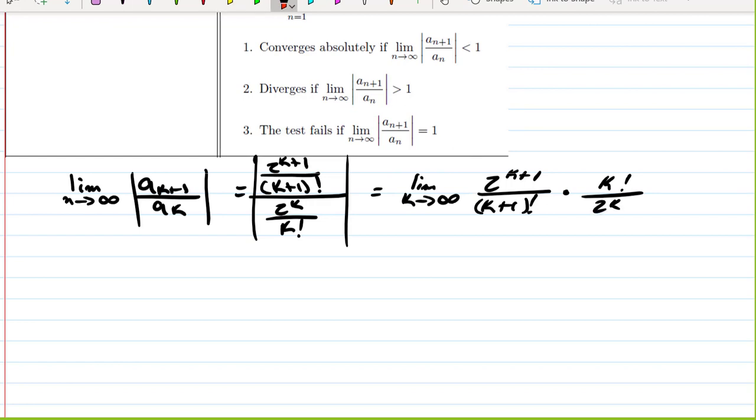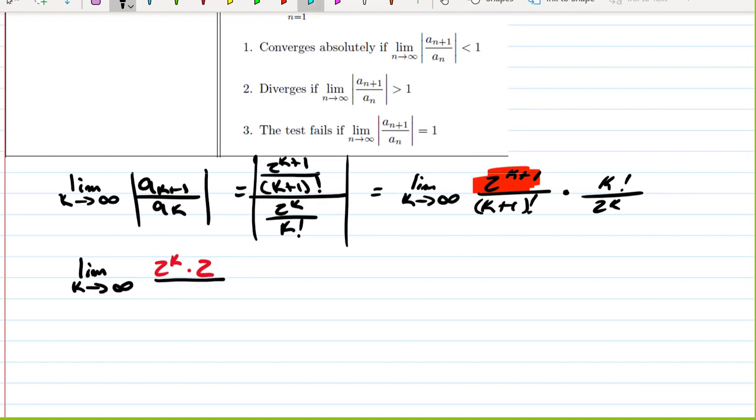We can use our properties of exponents to rewrite 2^(k+1) as 2^k times 2, because we're using our exponent property x^n times x^m equals x^(m+n), but we're just using it backwards.